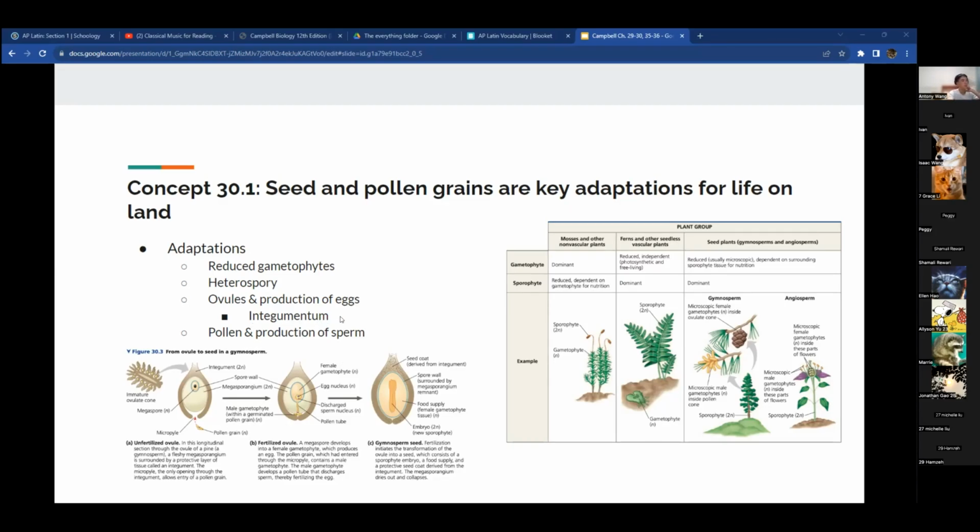One important thing that you should note here is the integument. It's parent tissue that nourishes the developing embryo. It protects and provides nutrients for their offspring, which is evolutionarily favorable. And pollen production, sperm, yeah.